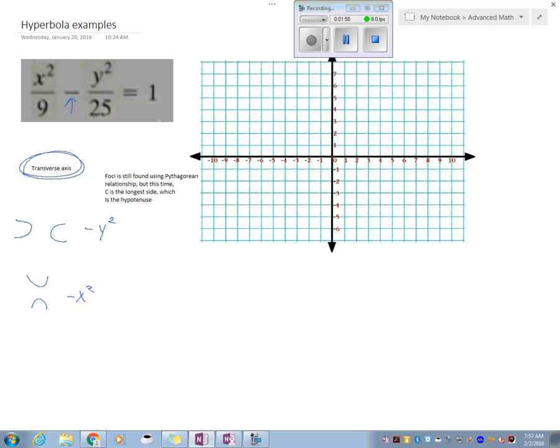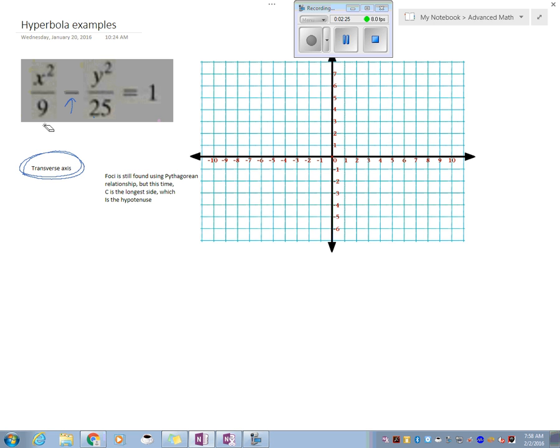So let's go ahead and break this down now. We have the transverse axis by the x. So I know that this box, because you start out graphing a rectangle, and the A is not always bigger. The A is under the positive one.